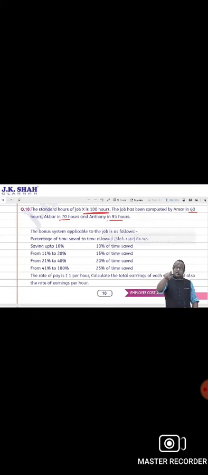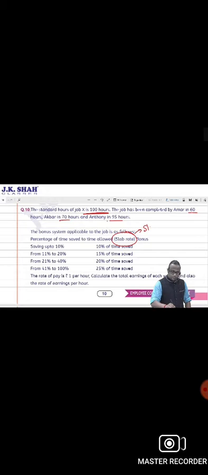So all three are eligible for bonus. The bonus system applicable to the job is as per slab rate, percentage of time saved. Slab rate can also be known as sliding scale.